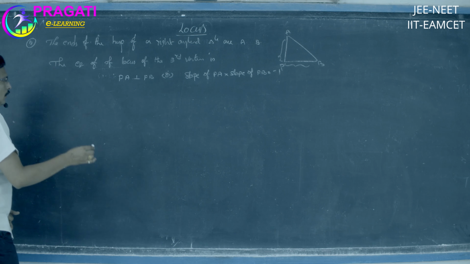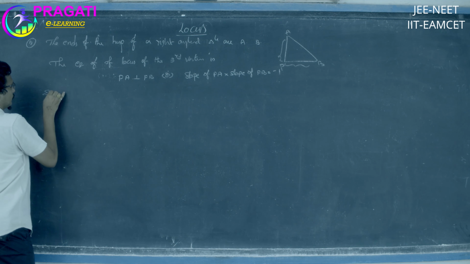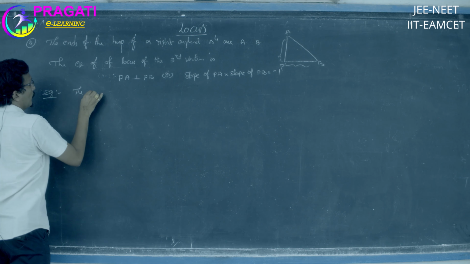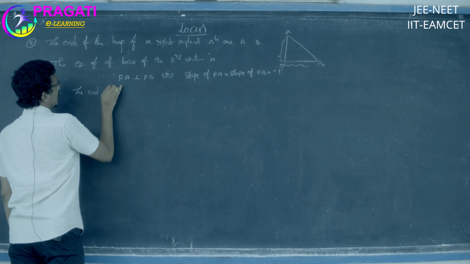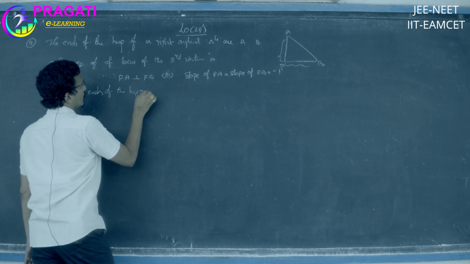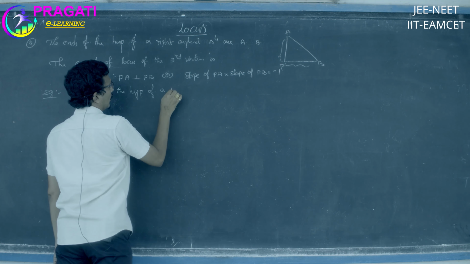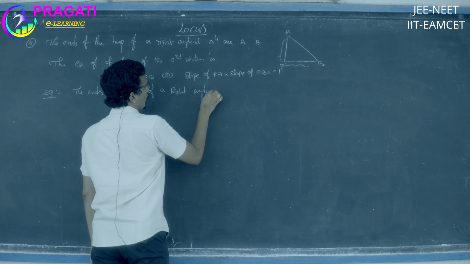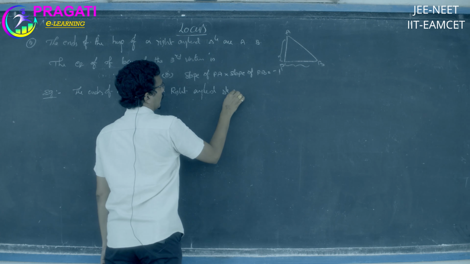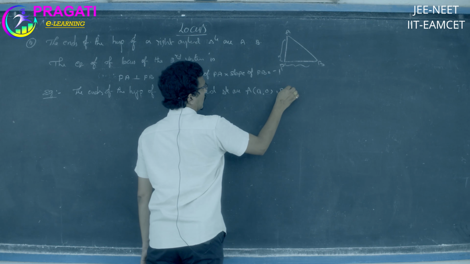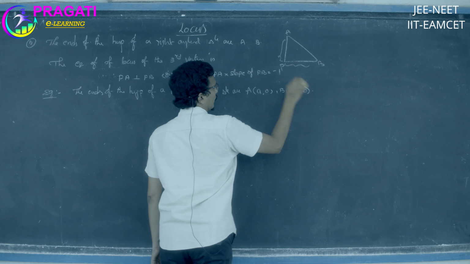Here one of the examples is, the ends of the hypotenuse of a right angled triangle are a comma 0, b minus a comma 0.